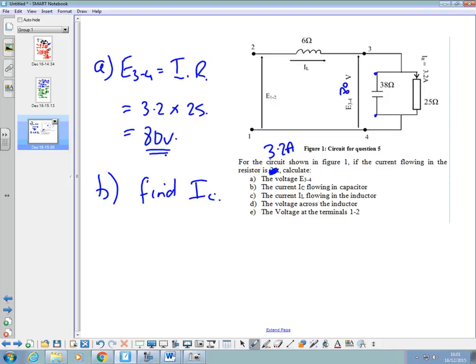You're doing E34 over XC, from which the answer is 2.1.